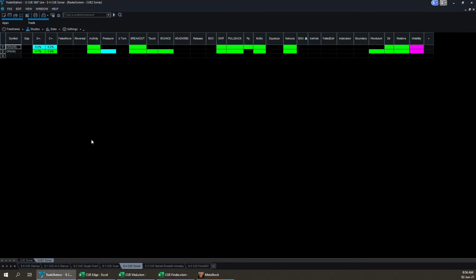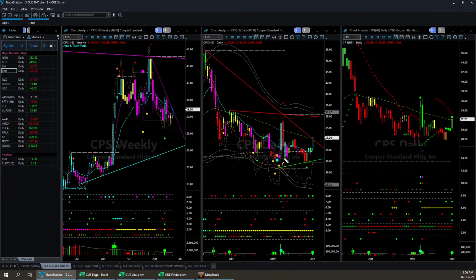Let's look at them. CPS, okay, that's looking good. It's breaking from trendline resistance both in weekly and daily. Bullish flow, candle color, bullish shape also. High activity.